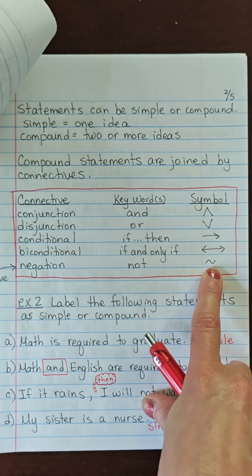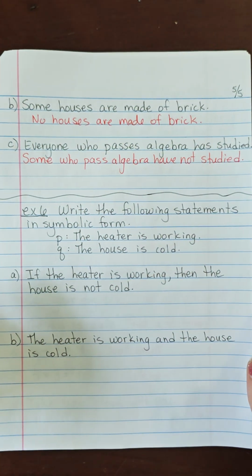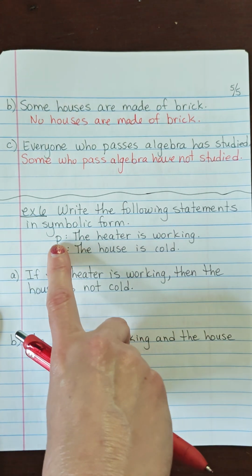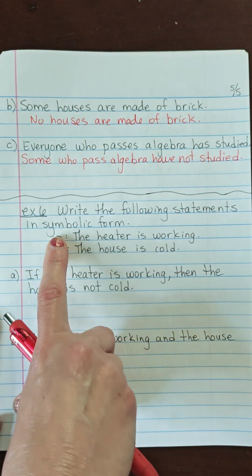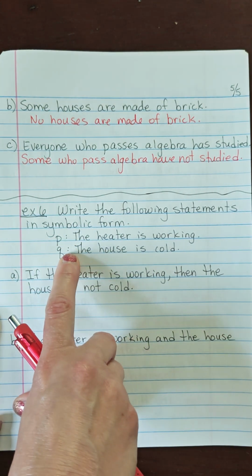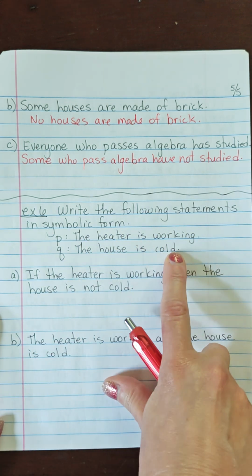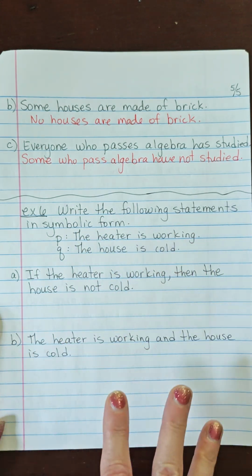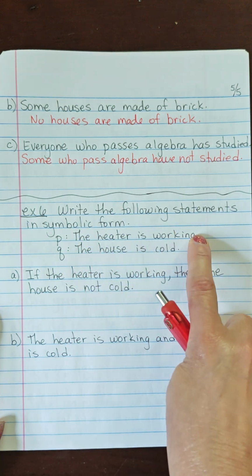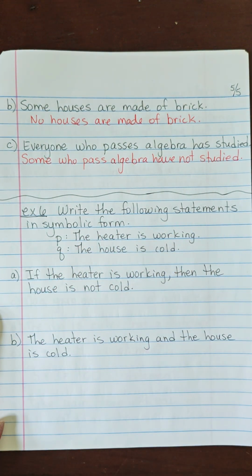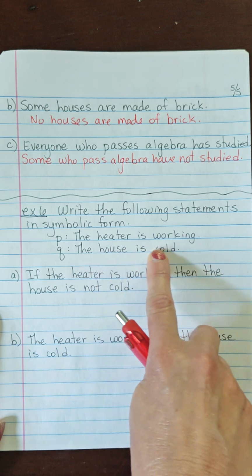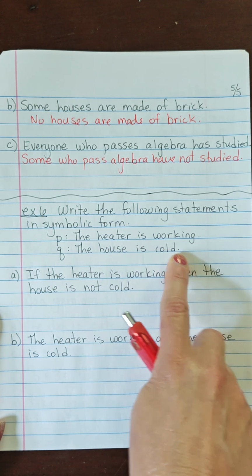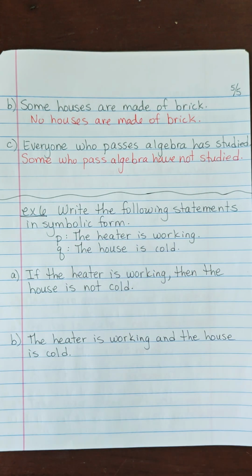So we're going to be using those symbols. This P with a colon, Q with a colon, and then a statement after it means that I'm going to call this statement, the heater is working, and abbreviate it with the letter P. I'm going to represent this statement, the house is cold, with the letter Q.